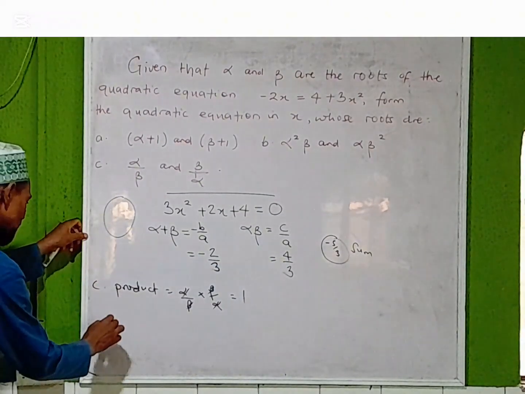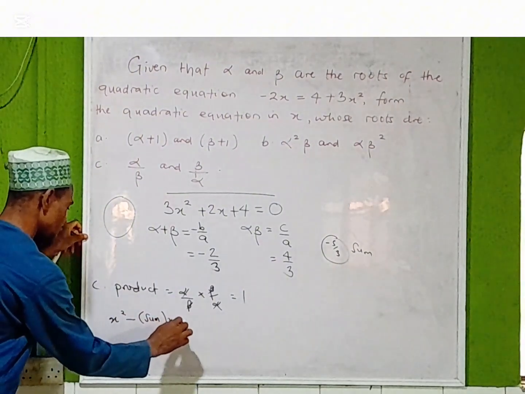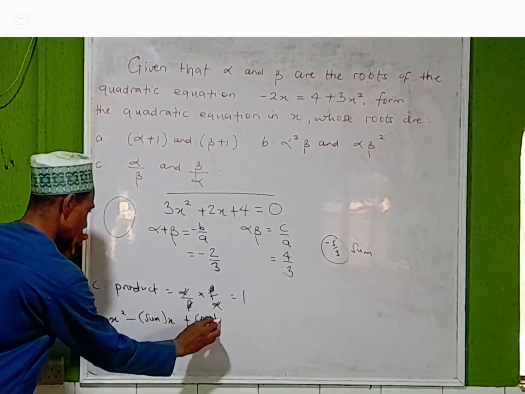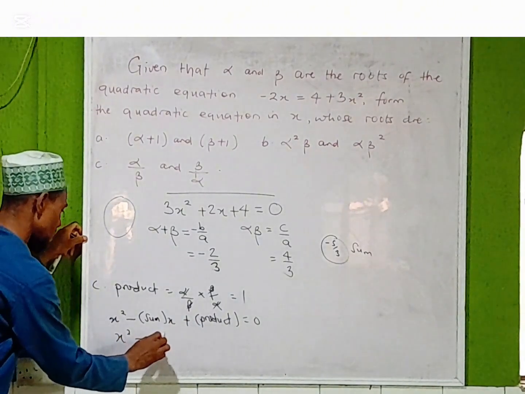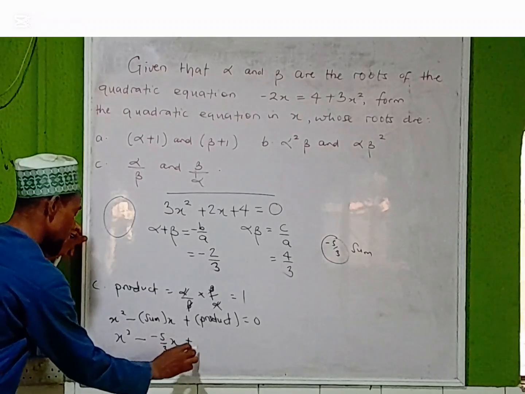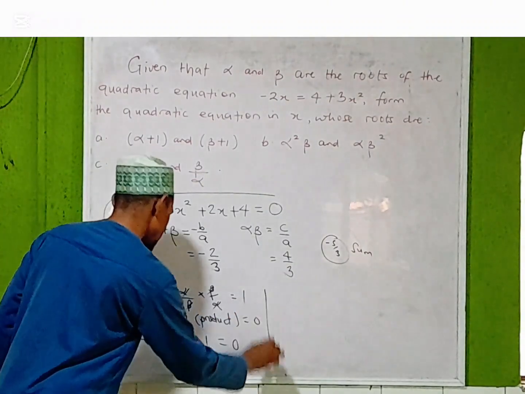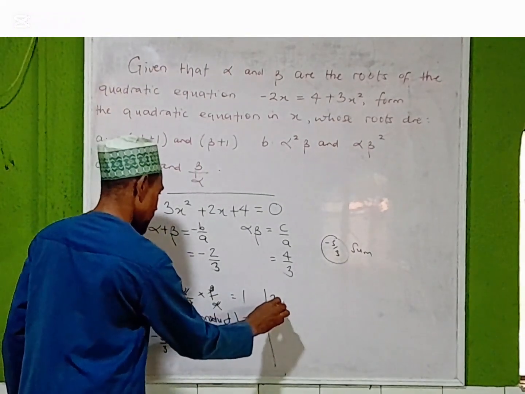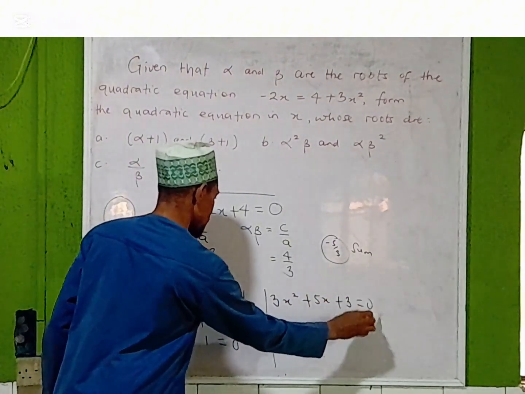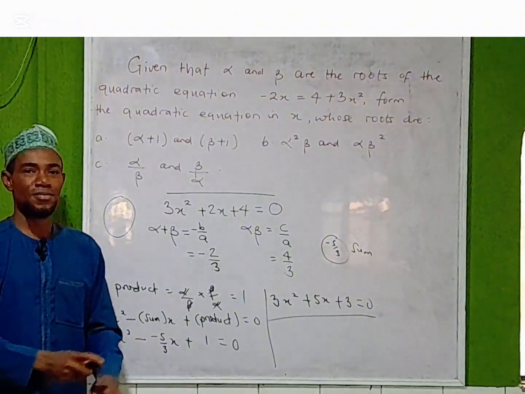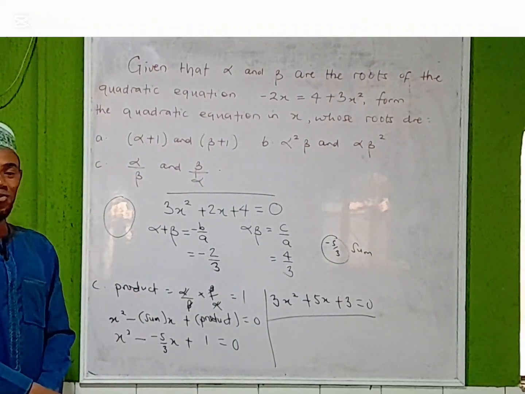Without wasting time, let's just insert directly into the equation, which is x squared minus sum x plus product equals 0. So we have x squared minus the sum, minus 5 over 3 x, and the product is 1. And again here we have our fraction, so we clear it. So we're going to multiply through by 3, and that gives us 3x squared plus 5x plus 3 equals 0. And that is the solution to the last question there, which is the very last one for the day.